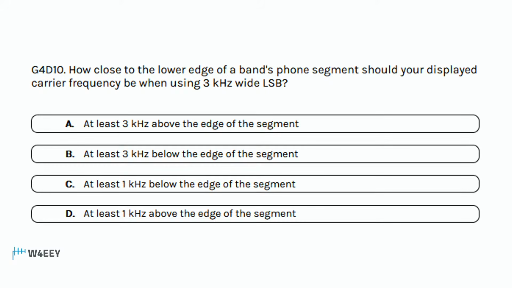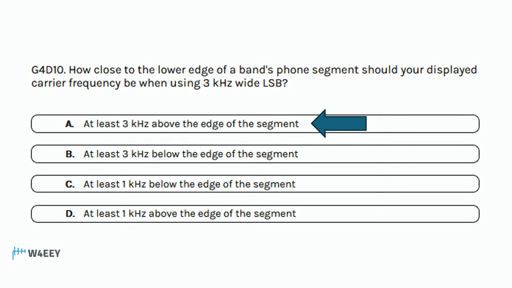And how close to the lower edge of a band's phone segment should your displayed carrier frequency be when using a 3 kilohertz wide lower sideband? Alpha. At least 3 kilohertz above the edge of the segment. Yes.